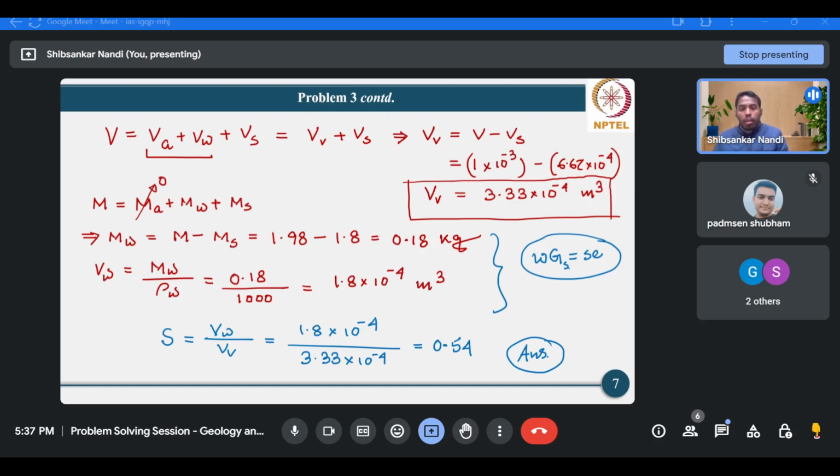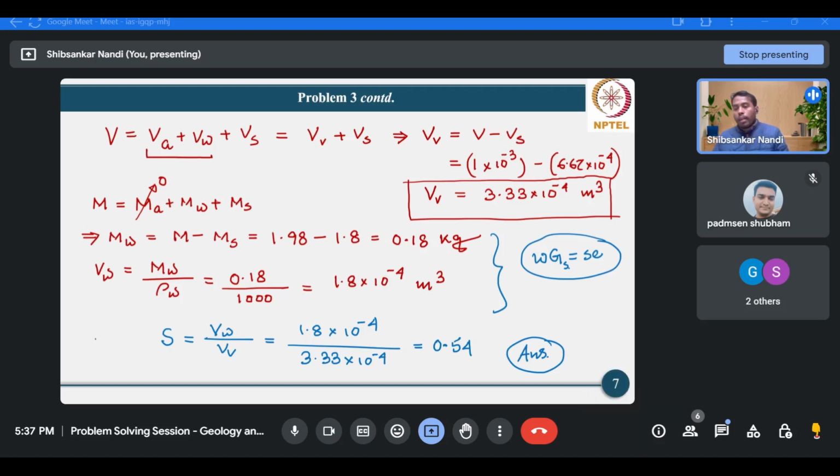Can you please clarify how you can calculate the degree of saturation? I think here you need to know the void ratio and water content. Yeah, so you have to calculate two additional entities, that is void ratio and water content.